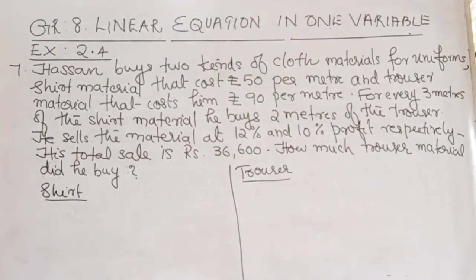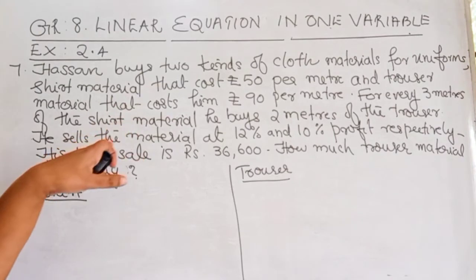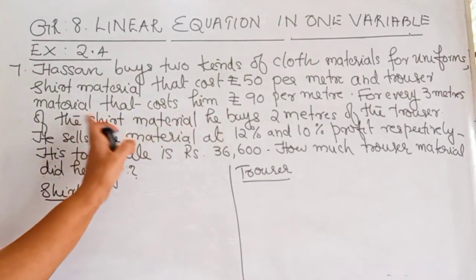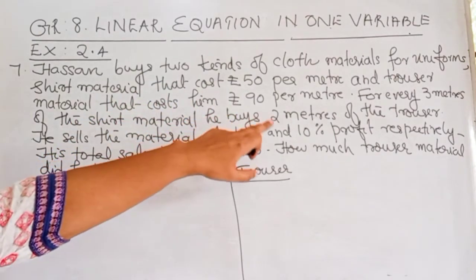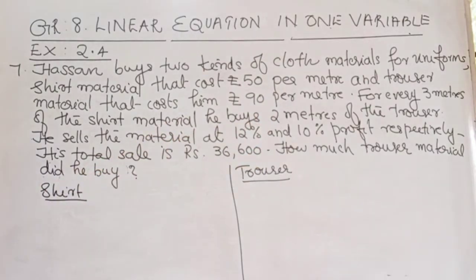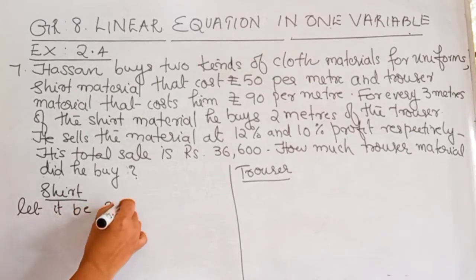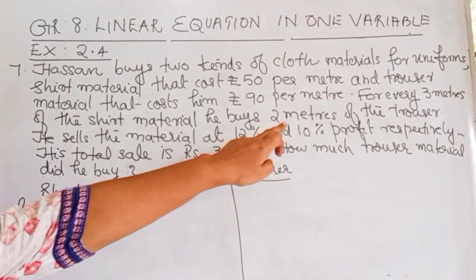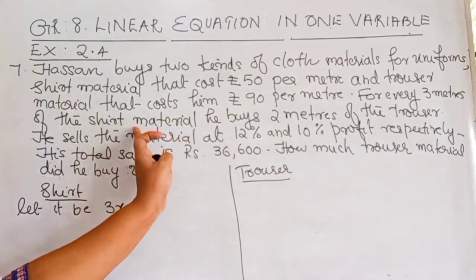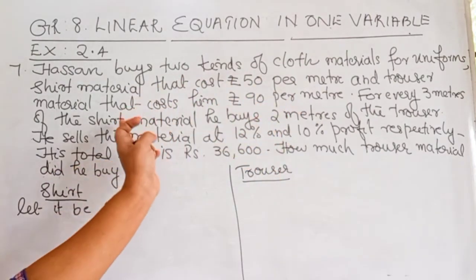So, children, you can see that for every 3 meters of shirt material, Hassan buys 2 meters of trouser. So we can take the shirt material as 3x, because for every 2 meters of trouser material he buys 3 meters of shirt.